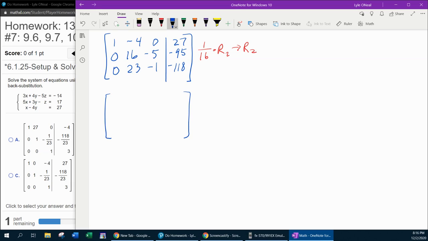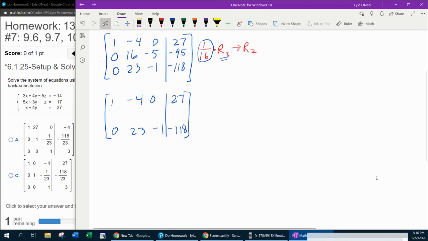So let's copy and paste rows 1 and 3. And then we're going to multiply every element in row 2 by 1/16, which is the same as dividing every element in row 2 by 16.